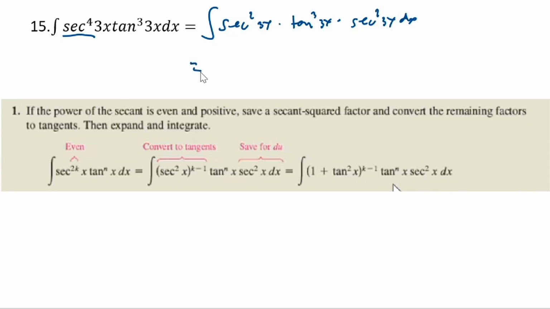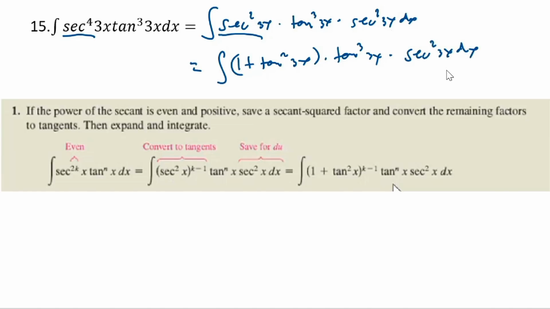Next, we are going to use the Pythagorean identity for secant squared of 3x. So we can write 1 plus tangent squared of 3x times tangent cubed of 3x times secant squared of 3x dx.